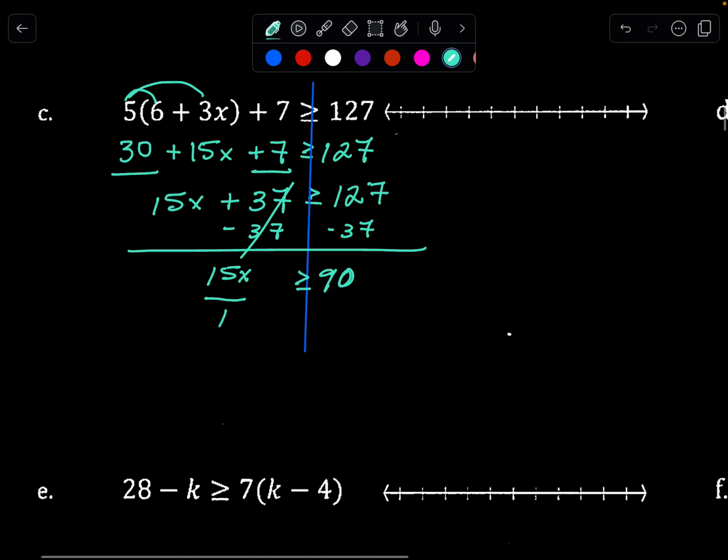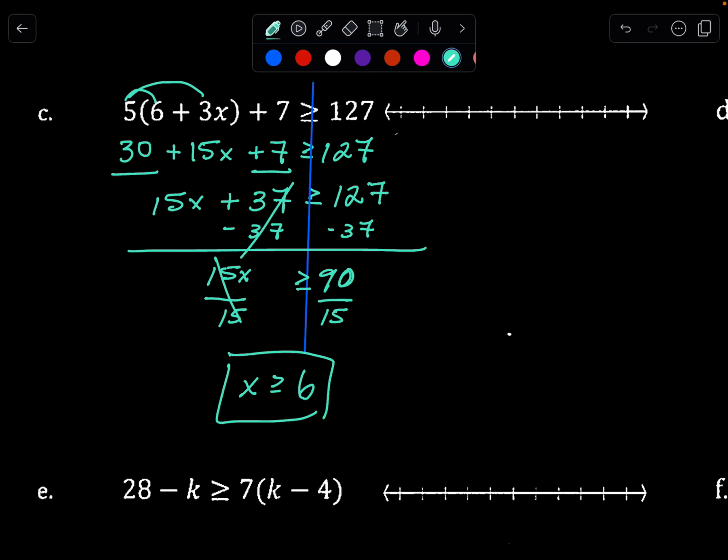Next, you would obviously divide, but as you can see here, what am I dividing by? A positive 15. So you're not going to flip the sign in this case. You just leave it alone. The 15s cancel. X is greater than or equal to 6 is going to be our answer. 90 divided by 15 being 6.